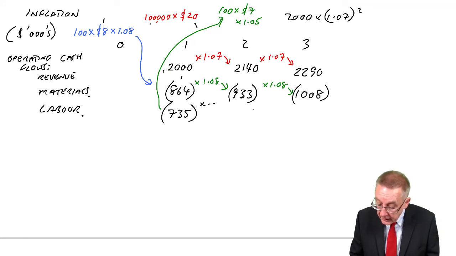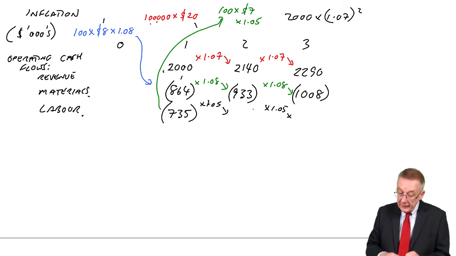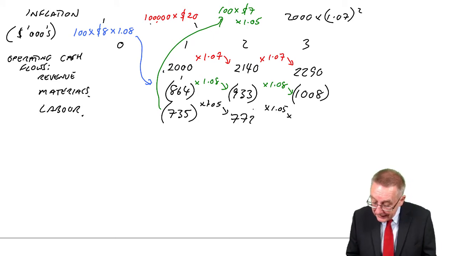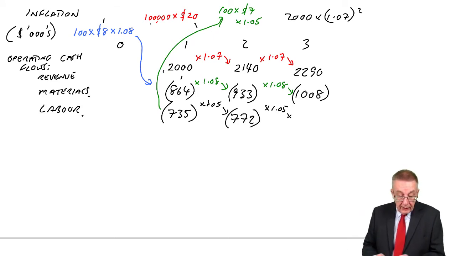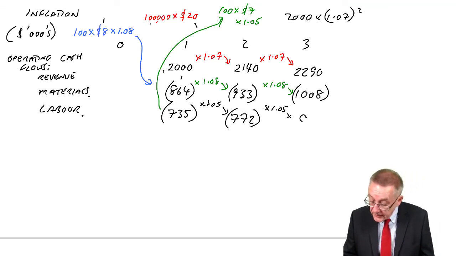And then, of course, carry on inflating at 1.05 each year. So at time 2, 735 times 1.05, 772. And at time 3, another 1.05, 810.